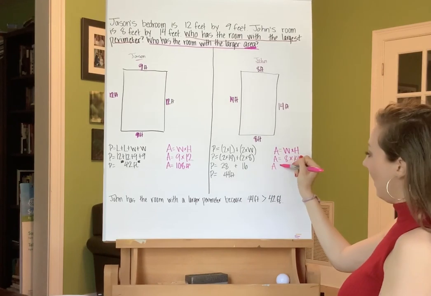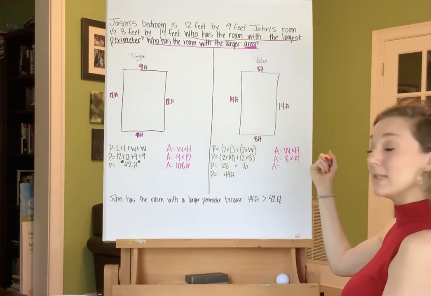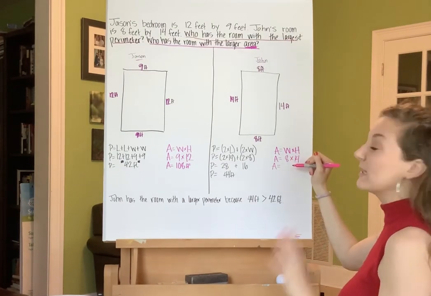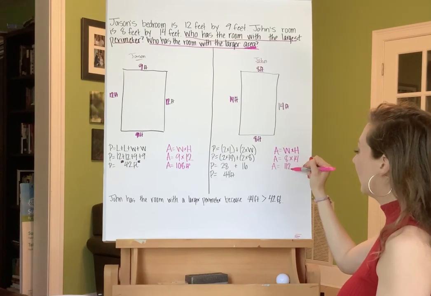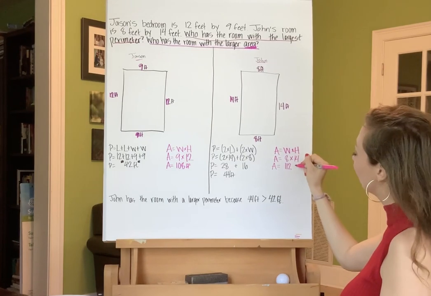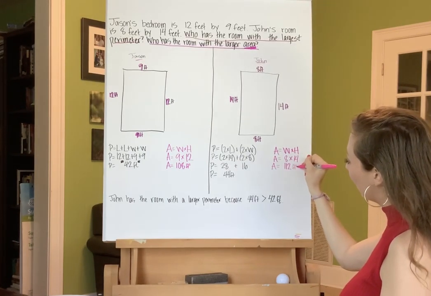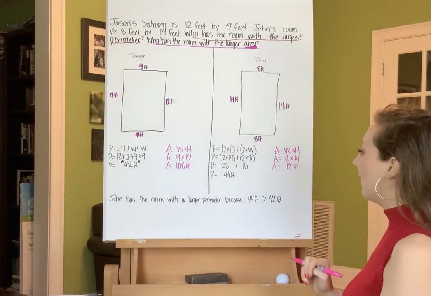So my area equals what? 8 times 14. You guys can pause if you want an extra second to work that out. The answer would be 112 feet. Good job. And it's area, so we have to put squared, the little tiny 2 up above feet.